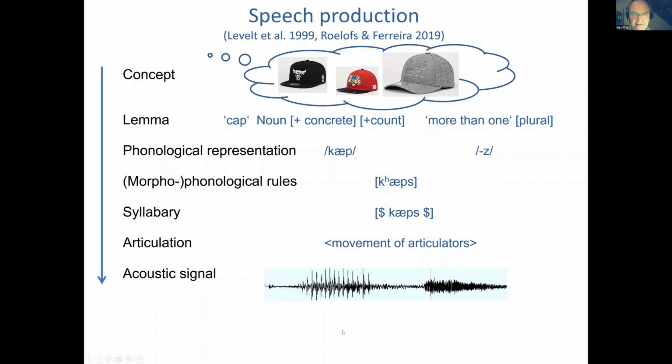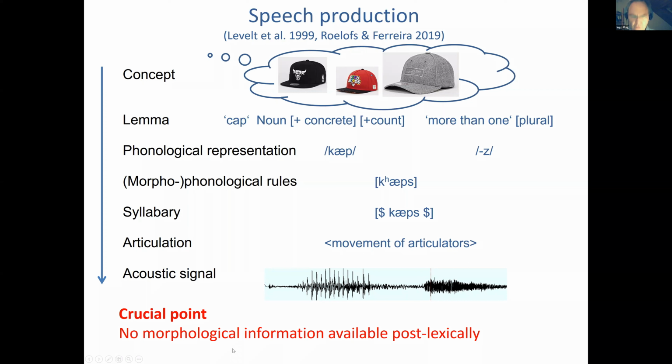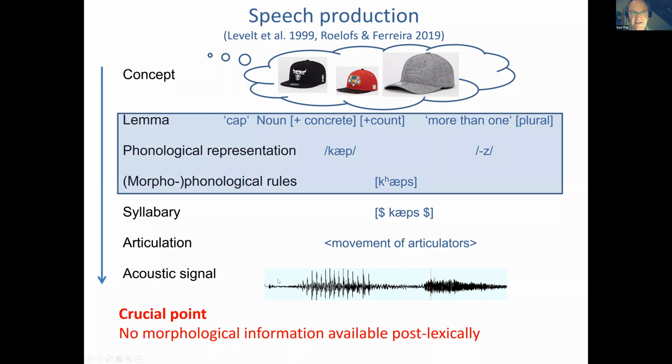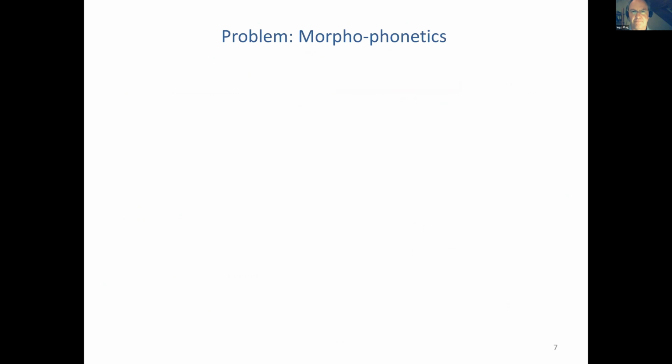And the crucial point in the context of this talk is that no morphological information is available post-lexically. That is, after you've left the lexicon and you are in the syllabary, this syllabary has no idea about morphology. And this means that we predict that we never find any residues of morphological structure in the speech signal itself.